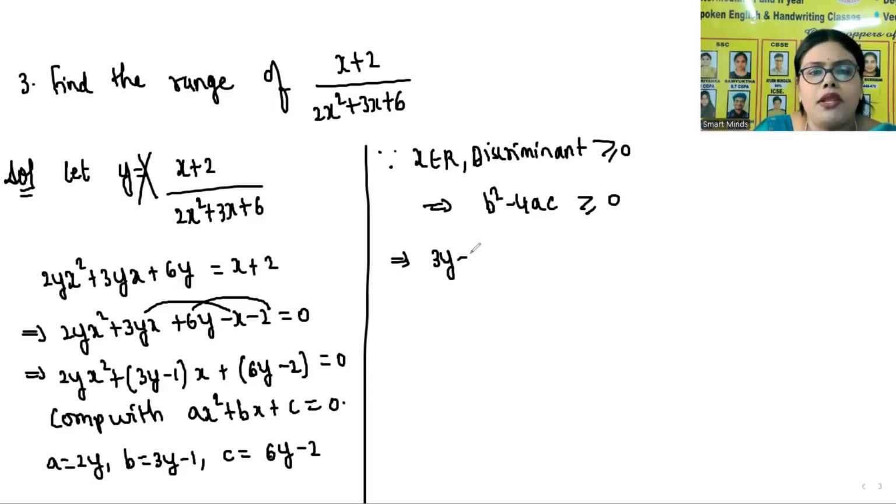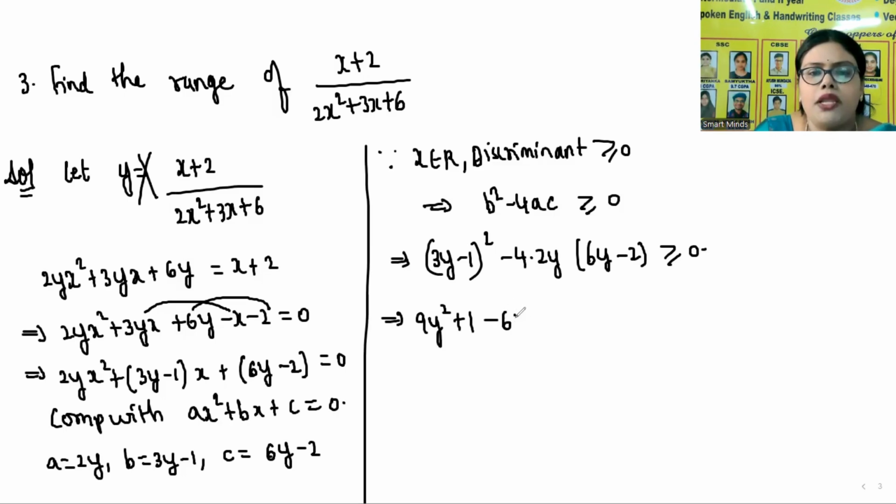b is 3y minus 1. So b square will be 3y minus 1 whole square, minus 4 into 2y into 6y minus 2 greater than or equal to 0. Now if I open the brackets, we get 9y square plus 1 minus 6y minus 8y into 6y minus 2 greater than or equal to 0. Now again you open the brackets, this into this into this.